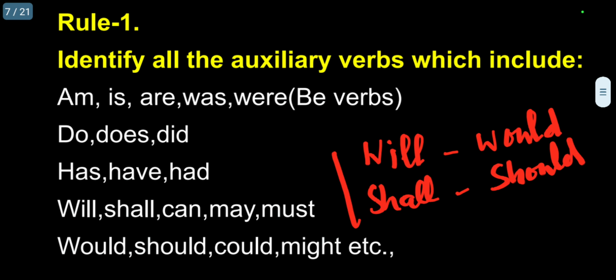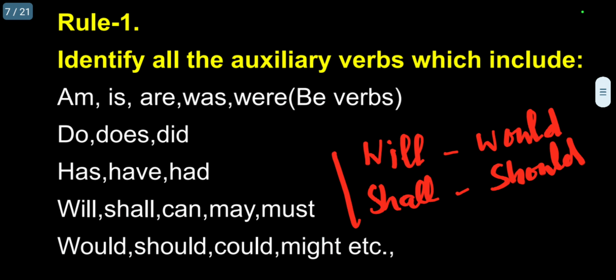Normally, many teachers teach that "would" is the past tense of "will" and "should" is the past tense of "shall". It is wrong, because how can a past tense come in the future? Past means a time that has already gone. That will not come as a future.